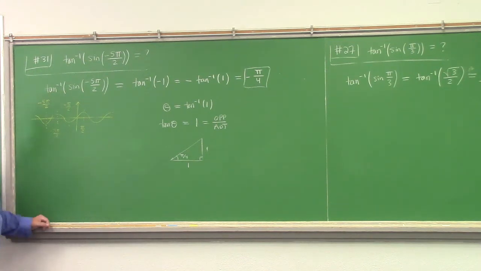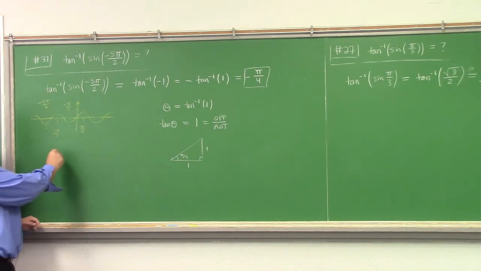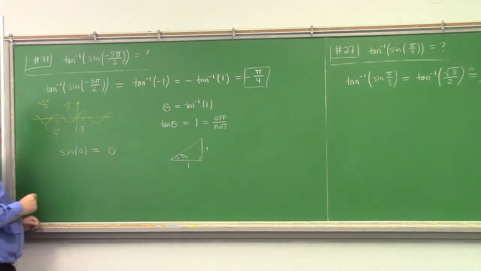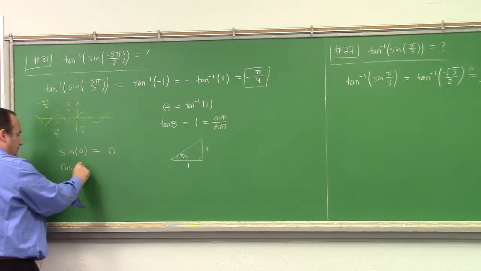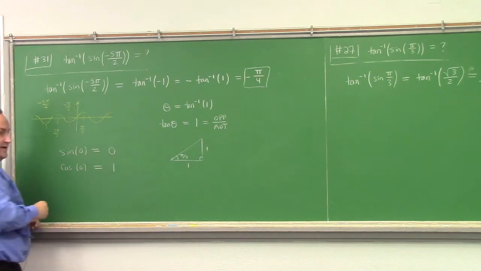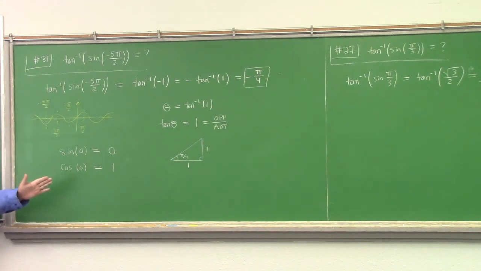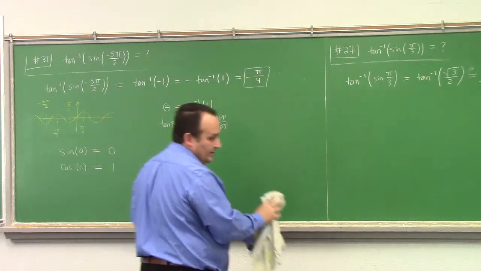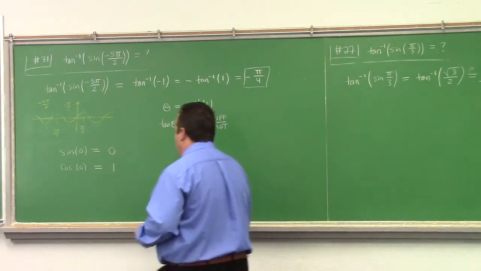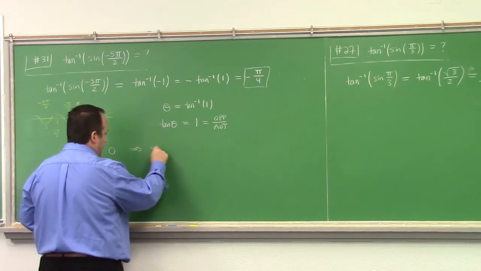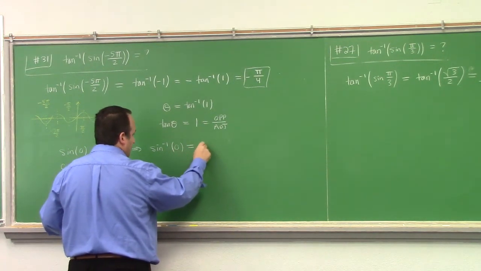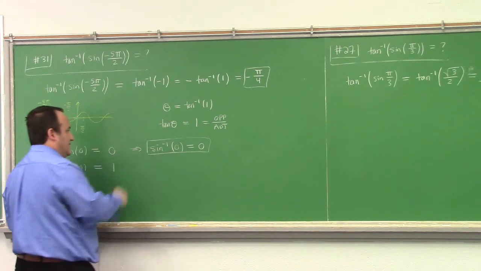I'm going to start out with what we know from sine and cosine. For example, sine of 0 equals 0. Cosine of 0, what is cosine of 0 equal to? 1. So if you take the inverse sine of 0, that is equal to 0. So the inverse sine of 0 is 0.